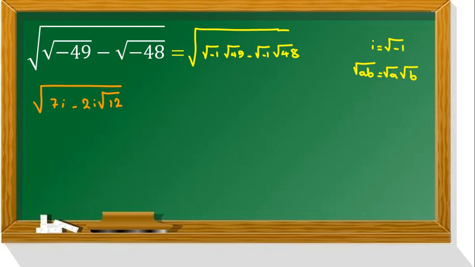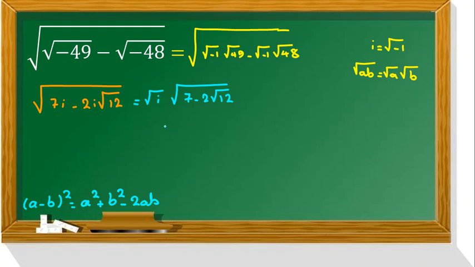And then here, I want to factorize. The factor from root i will be 7 minus 2 root 12. Then for this one, I use this identity that (a minus b) squared equals a squared plus b squared minus 2ab.